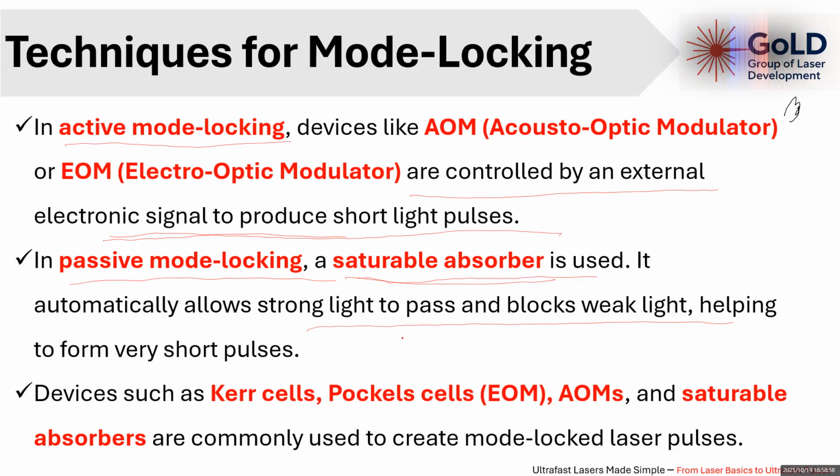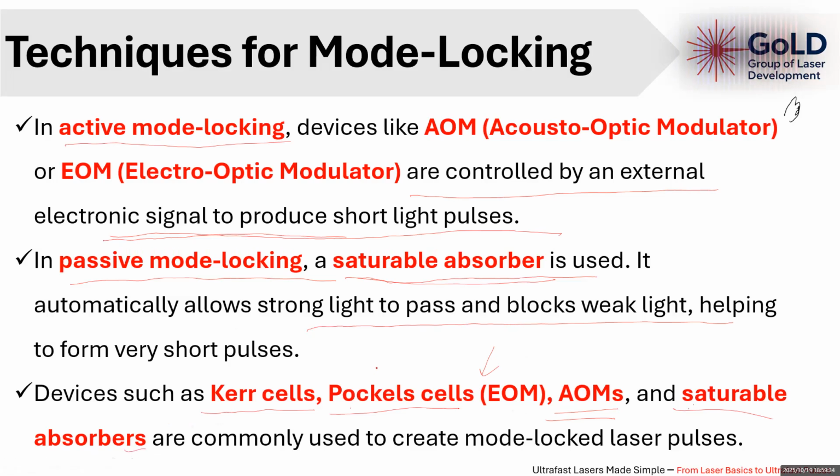In passive mode locking with a saturable absorber, you don't need expensive devices like AOM or EOM. You just need this saturable absorber, even though it is also not very cheap, but it's really helpful. If you remember the previous lectures, what is a Kerr cell, a Pockels cell? The Pockels cell is used in EOM devices, electro-optic modulators, and the saturable absorber I just mentioned.